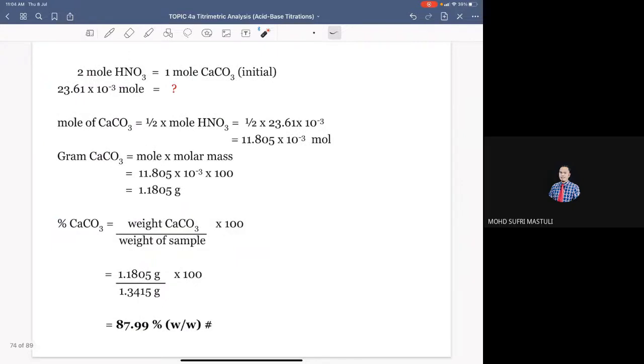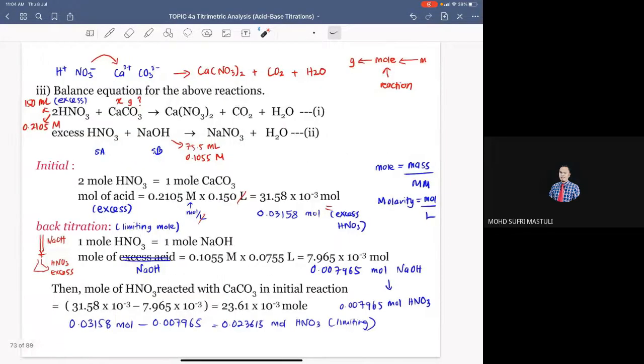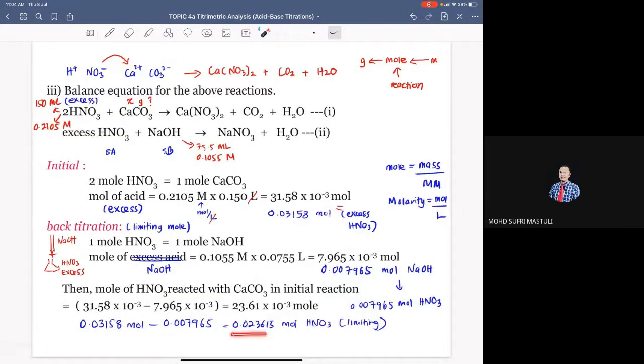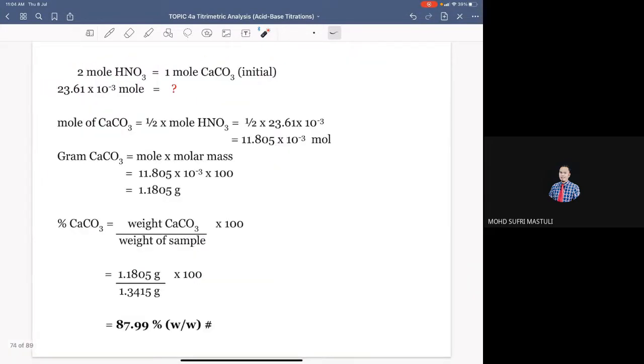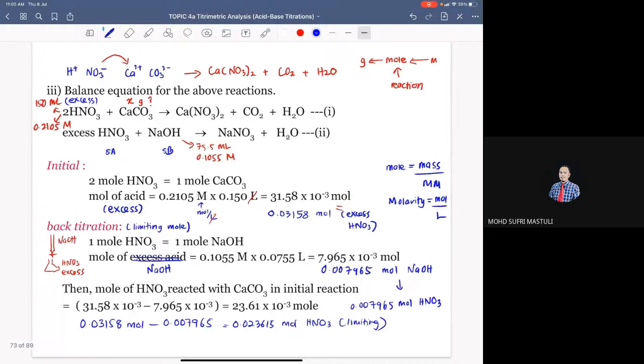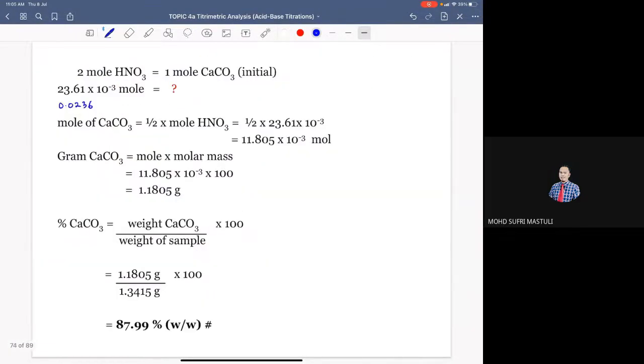The real nitric acid required for the reaction is 0.023615.